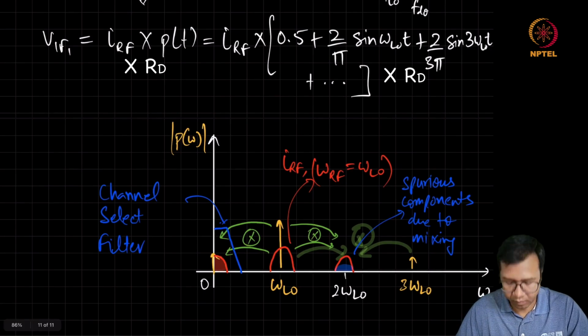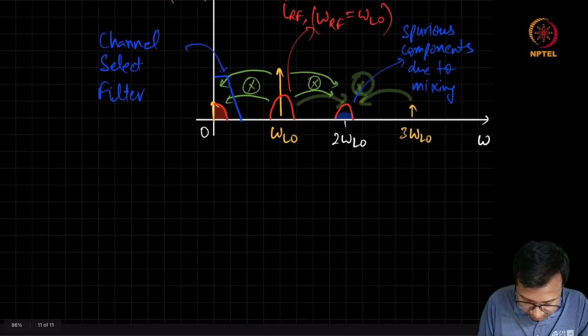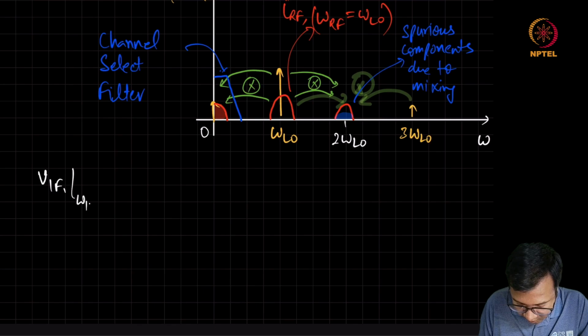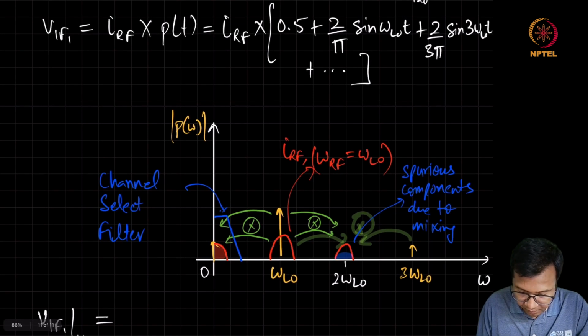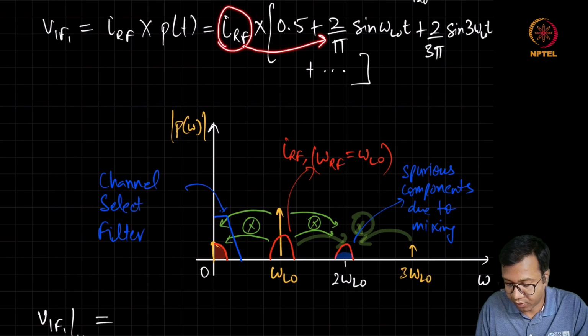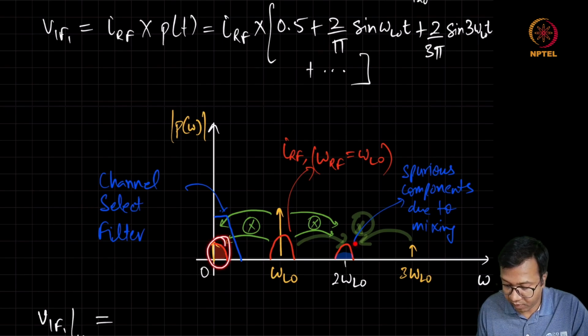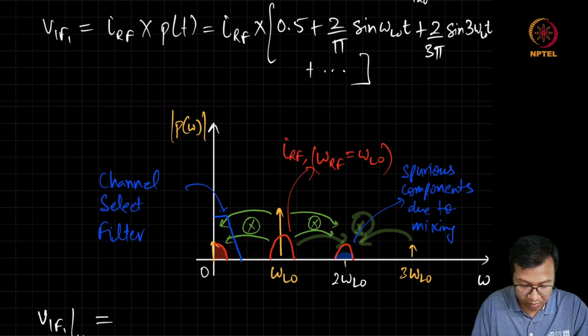So let us try to find out what will be the strength of this VIF1 around the IF frequency, which is DC in our case. So VIF1 around omega IF will be equal to, you can see, the strength of the signal at around RF will multiply with this 2 by pi sin omega LO t. So half of it will be appearing at the DC and half of it will be appearing at some frequency.